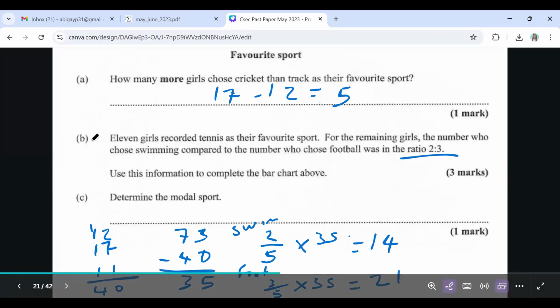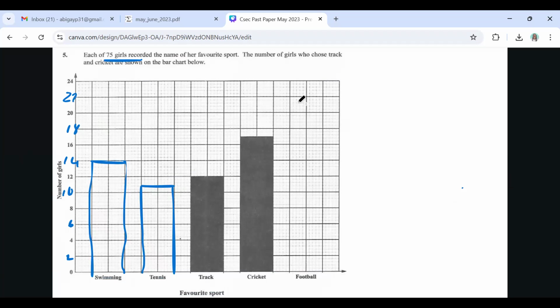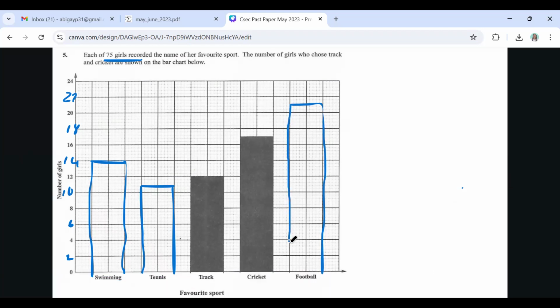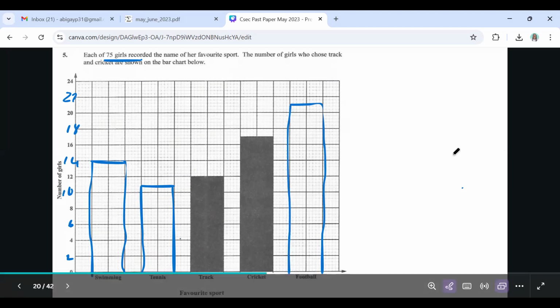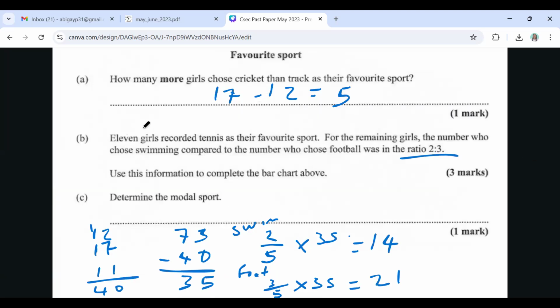Football was 21, so that's in between 22 and 20 right here, going down. And that is football. So that's how the chart should look. All right, that is B.